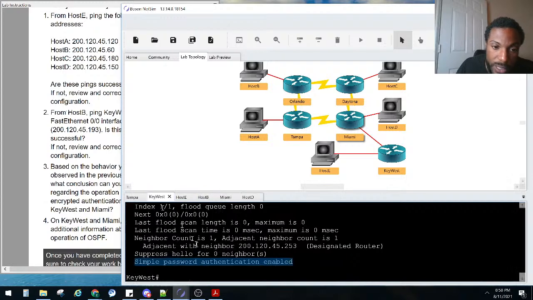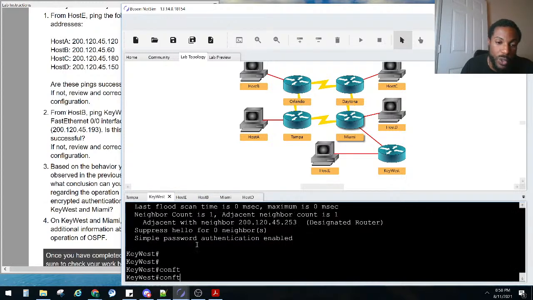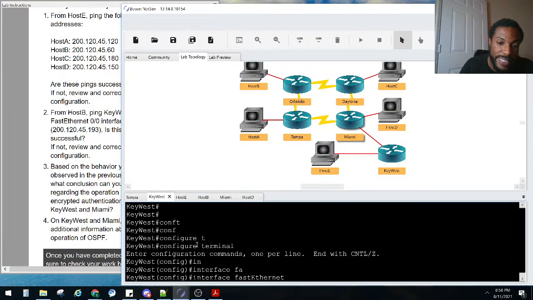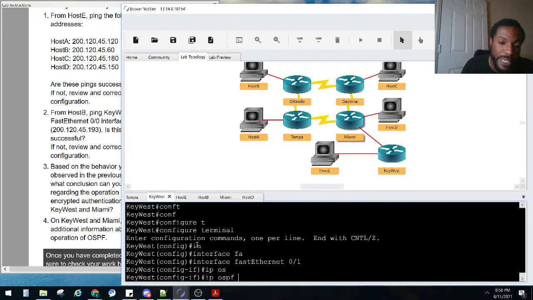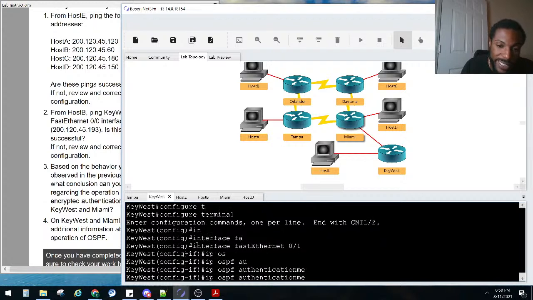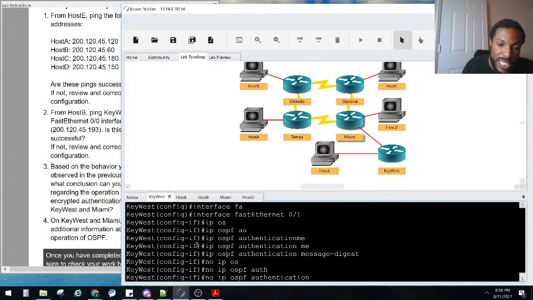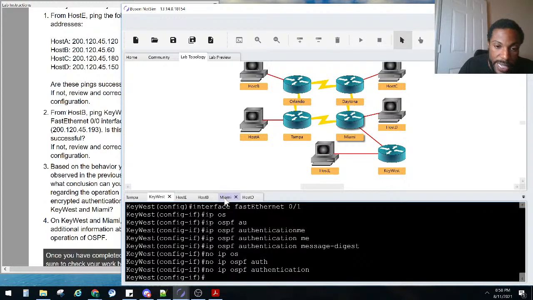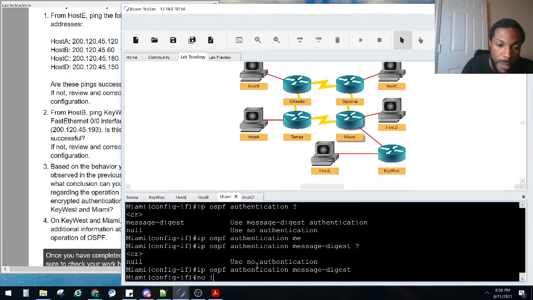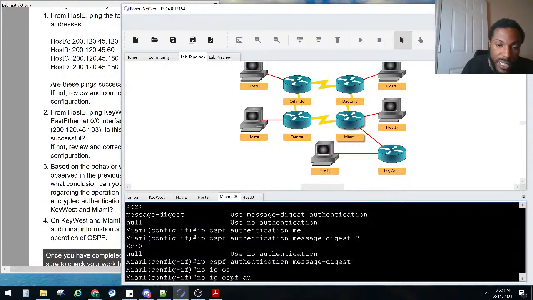We got to go to Key West and do the same thing. Global config mode, interface FA0/1, and say IP OSPF authentication message digest, and then remove the other one, which was no IP OSPF authentication. Same thing on this guy, no IP OSPF authentication.